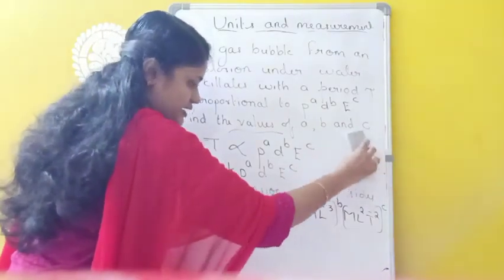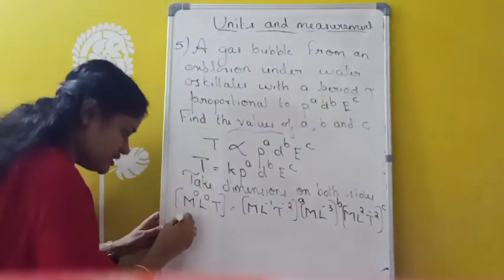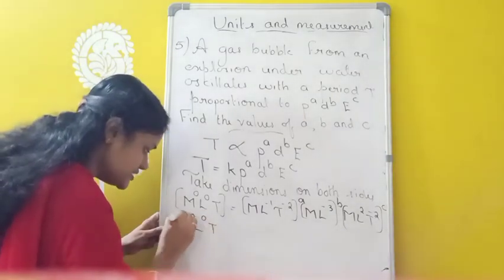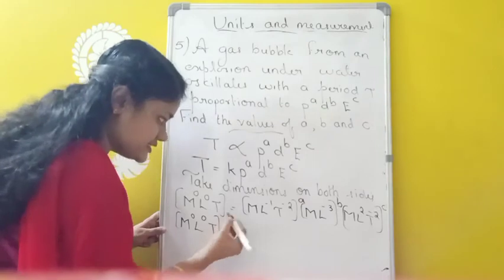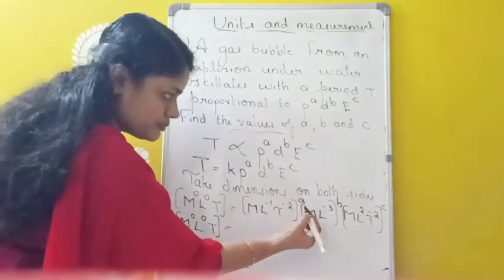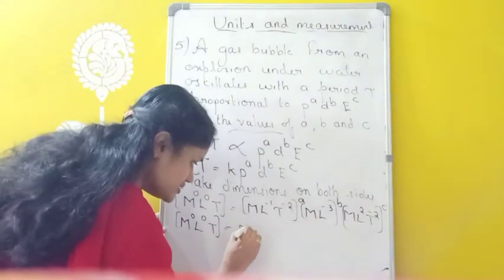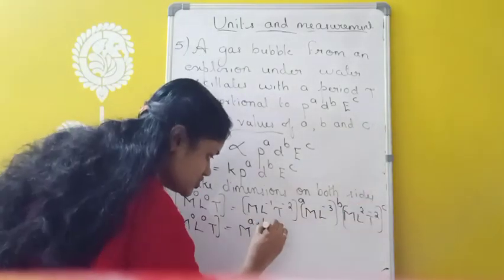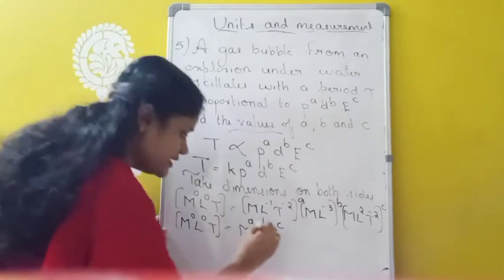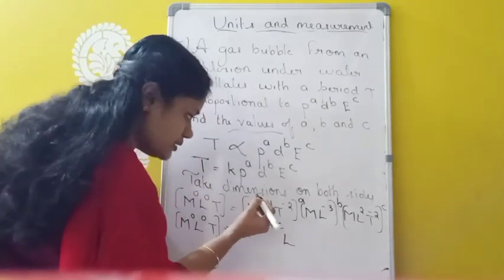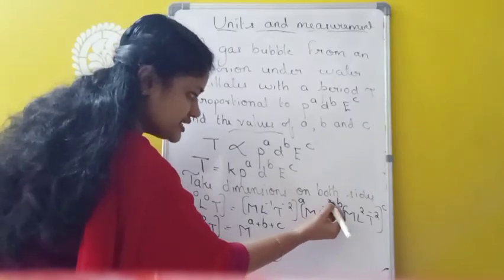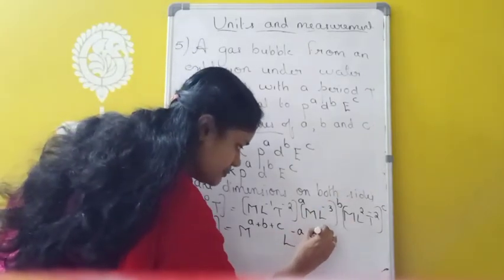Now we can simplify. So when we are simplifying, left hand side we have M raised to 0, L raised to 0, T equals right hand side here M raised to A, here M raised to B. So M raised to A plus B. So here C is also there. So A plus B plus C. Then next one L raised to, here minus 1 into A is minus A. Then here minus 3 into B is minus 3B.